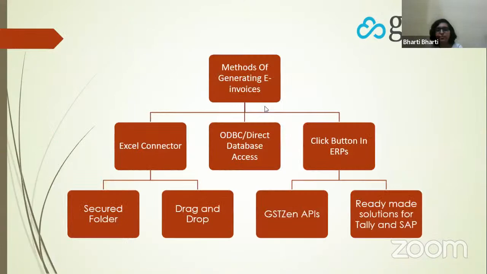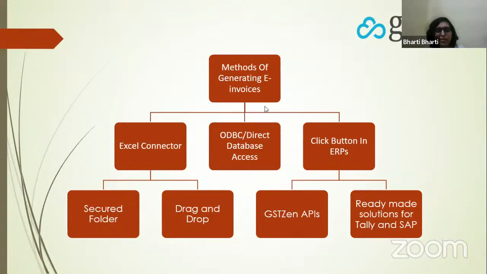This is what Jstsm offers. We offer Excel connector, ODBC direct database access, and click button in ERP. Under Excel, we have two types of solutions: secured folder and drag and drop. In secured folder, the file is sent to a server. From there, Jstsm takes it and generates the e-invoice.